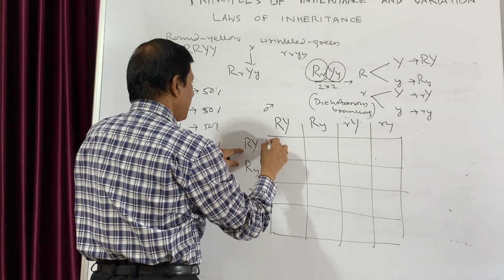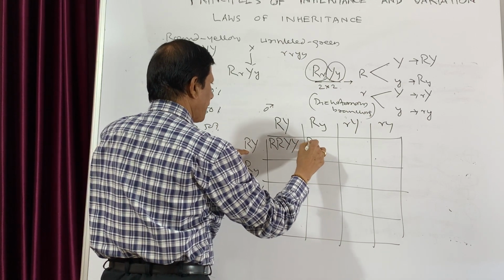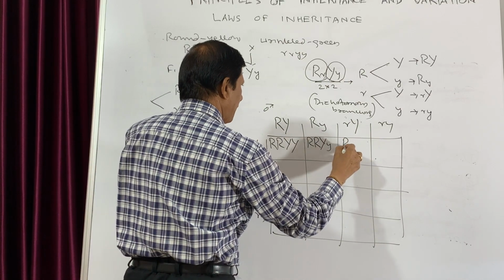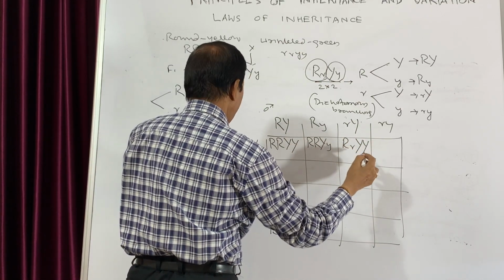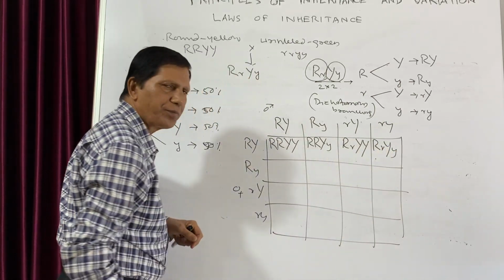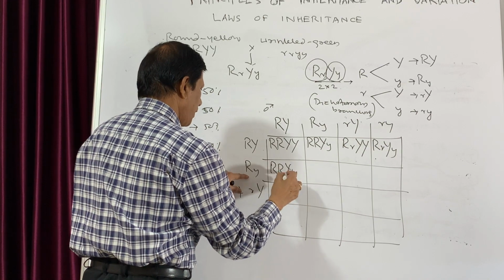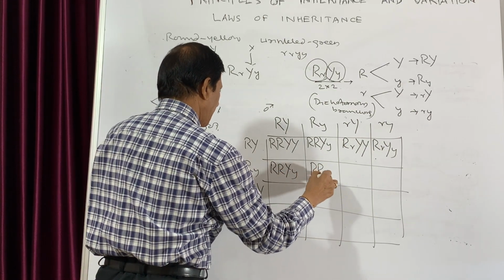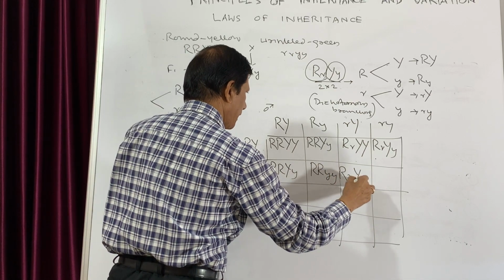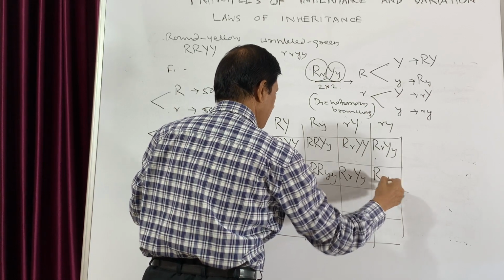You see, here it will be capital R, capital R, capital Y, capital Y. Here it will be capital R, capital Y, small y. Here capital R, capital Y, small y, and capital R, capital Y, small y. And here capital R, small y, capital R, capital Y, small y, and capital R, small y, small y.